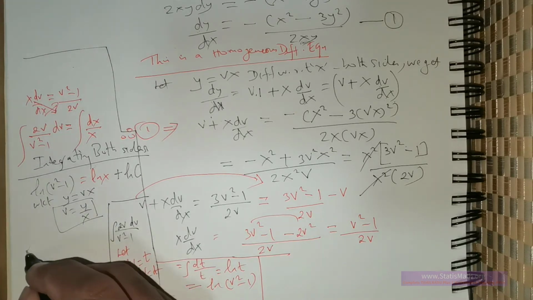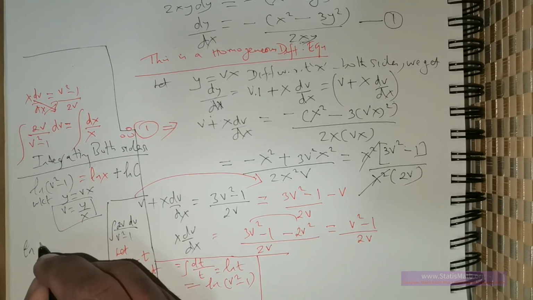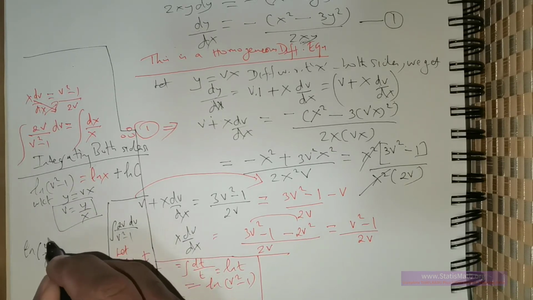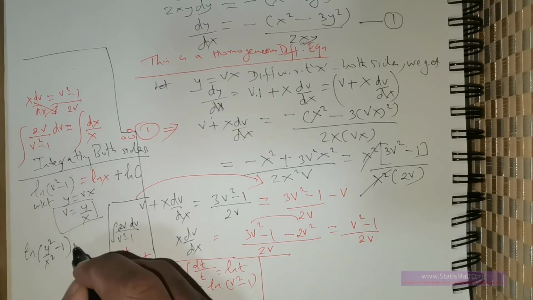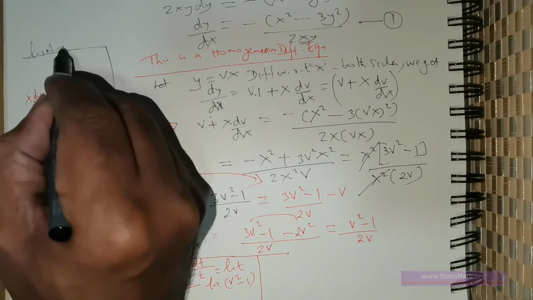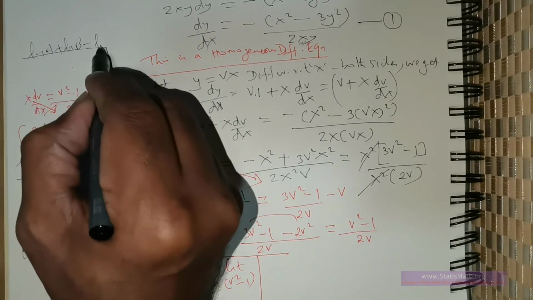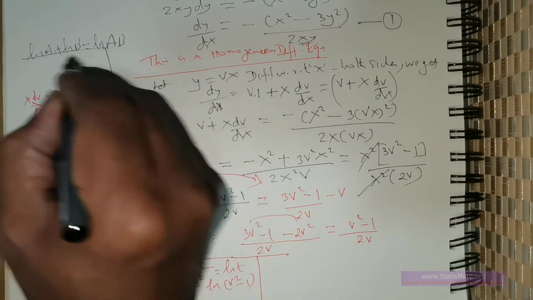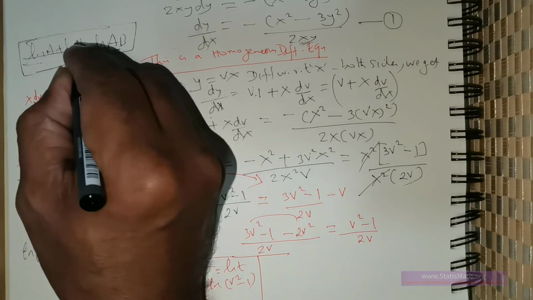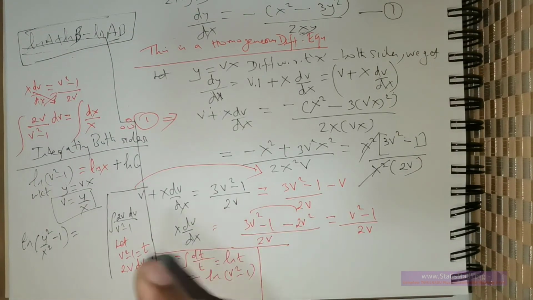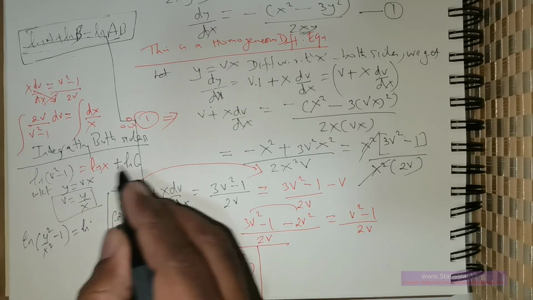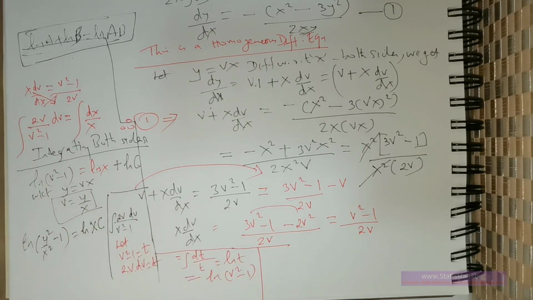When I substitute it, I would get ln of ((y over x) squared minus 1). Now there is a formula which is ln a plus ln b is ln of ab. If I use this formula, this would be ln of x times c. Okay, this is what you get.